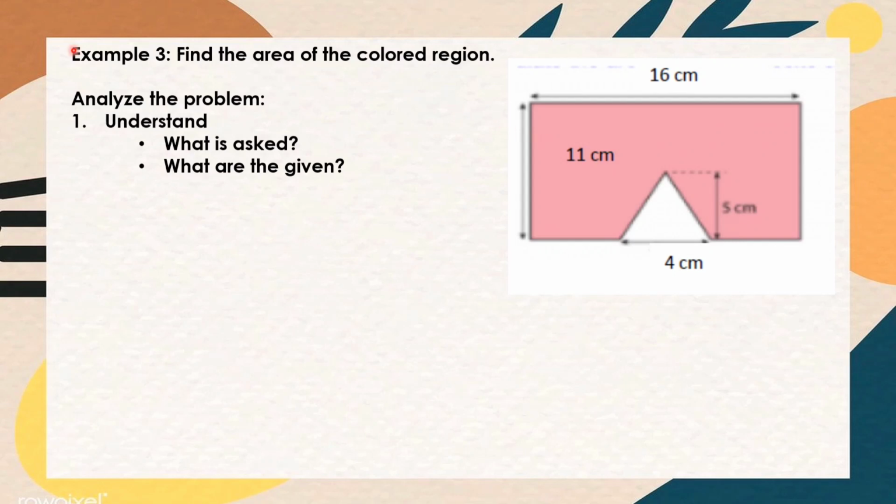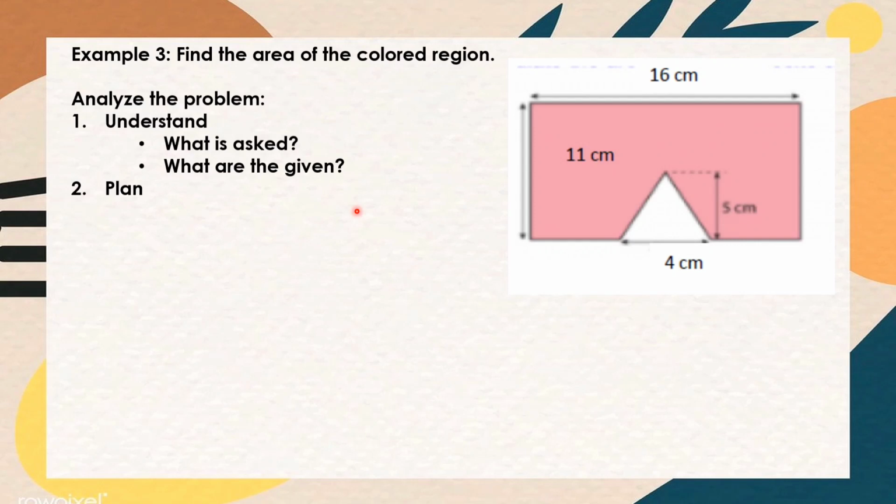Another one is what are the given. The dimensions of the rectangle is 16 centimeter by 11 centimeter. Another one is the dimension of the triangle with a base of 4 centimeter and the height of 5 centimeters.